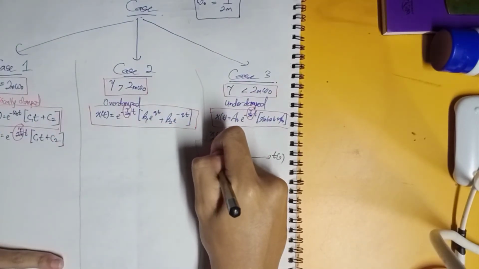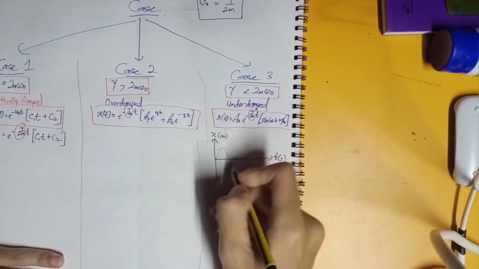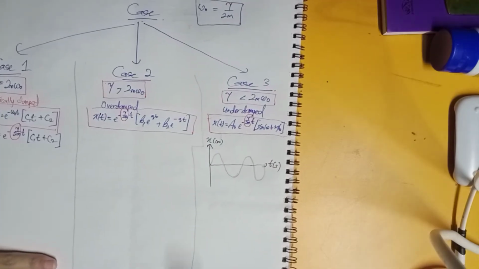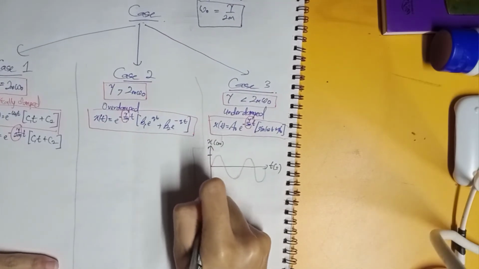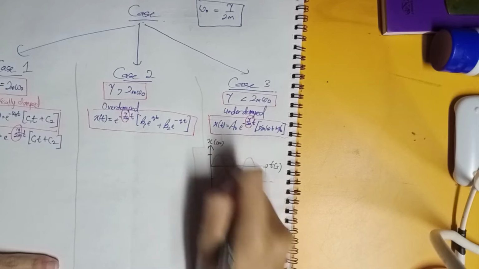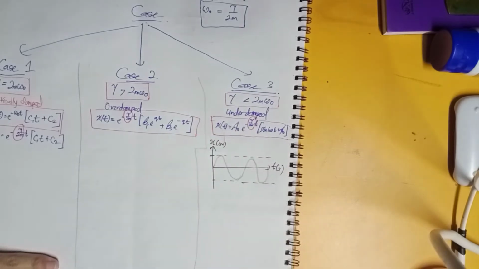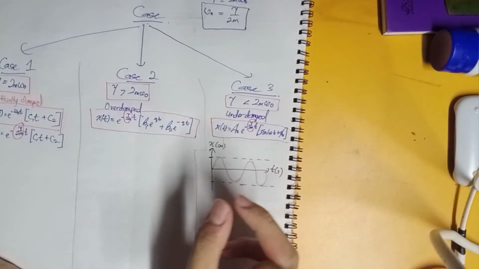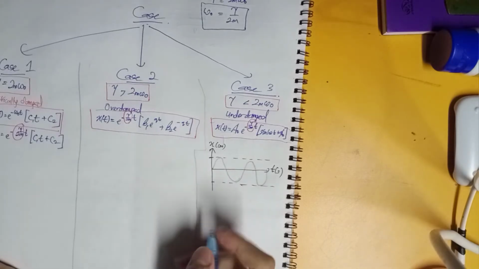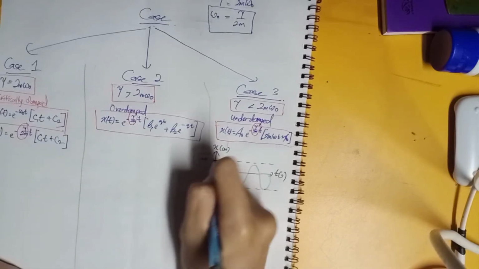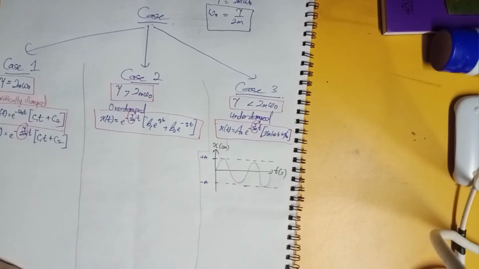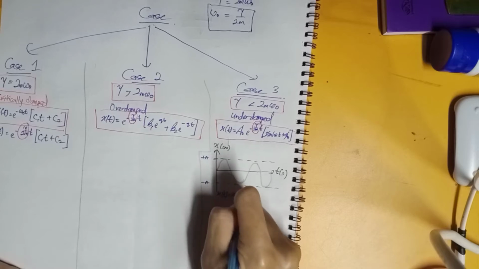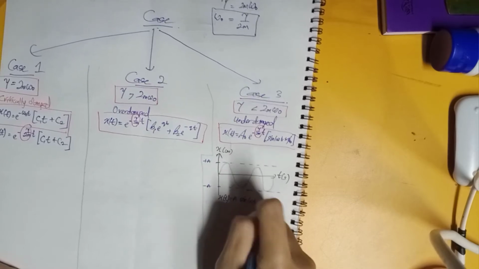This is what it looks like. We see that this graph oscillates perfectly in simple harmonic motion, with the positive amplitude here and the negative amplitude here. This graph is x(t) equals A sine(ωt plus φ₀).